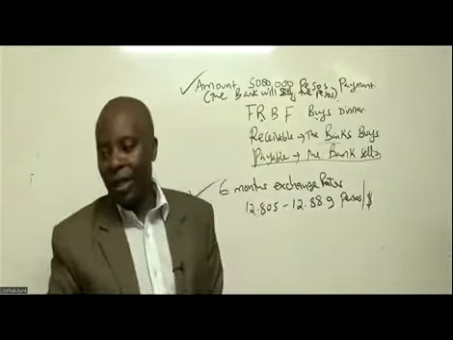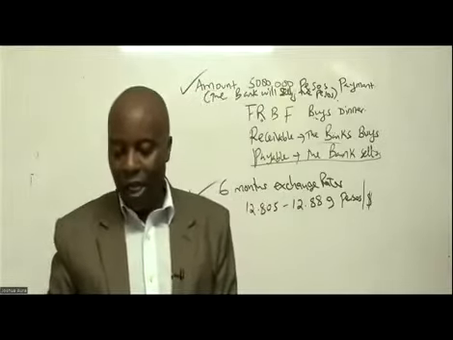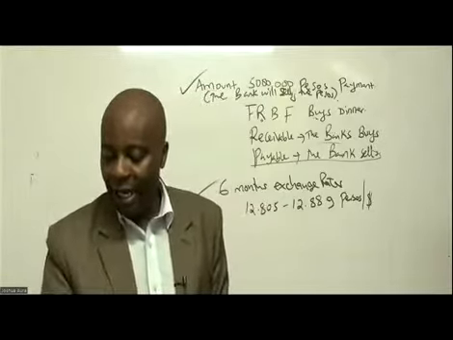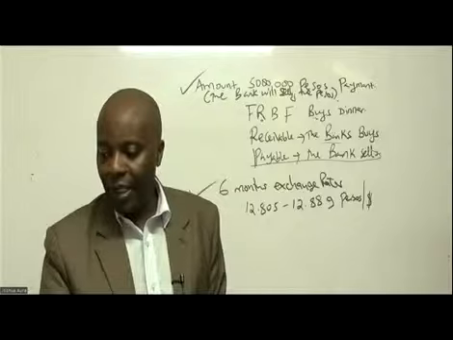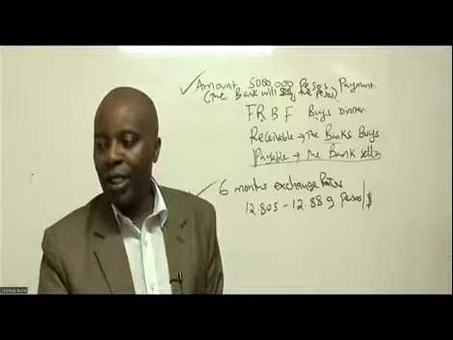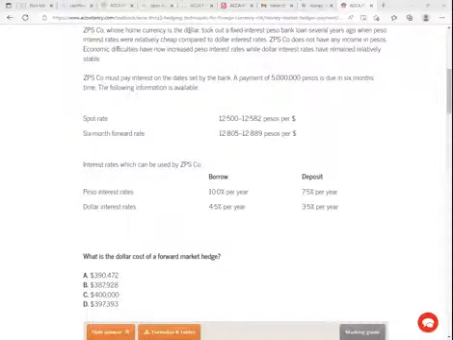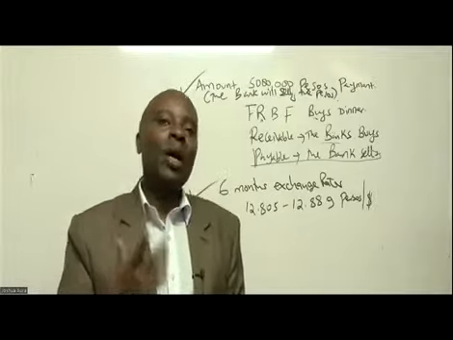Now tell me which currency. They have told us up there that ZPS uses the dollar, whose home currency is the dollar. Once they've told us that the home currency is the dollar, then I need to point towards my home currency.